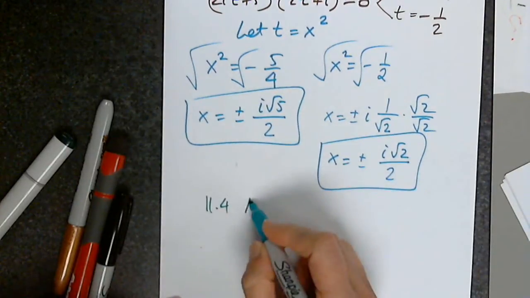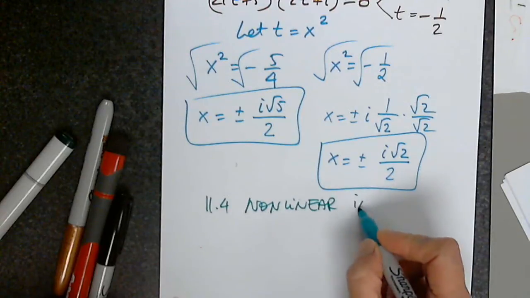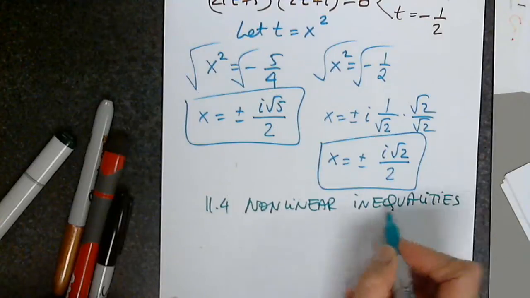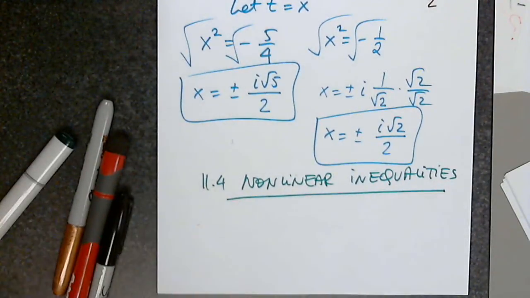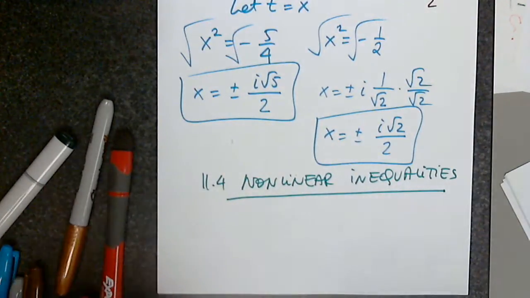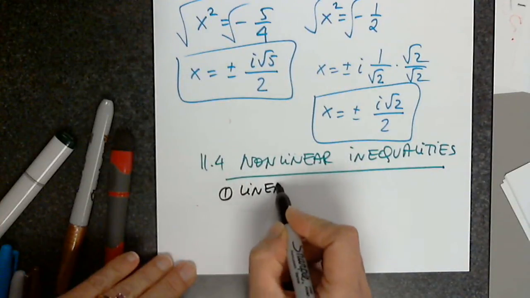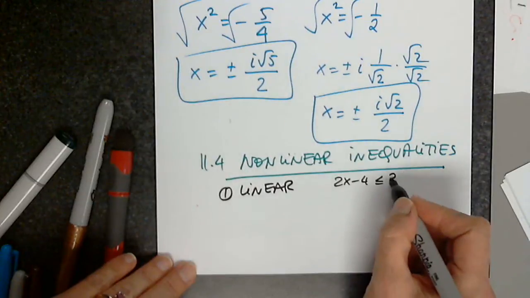11.4 deals with non-linear inequalities. I would like to list the types of inequalities we know so far. Number one, we know linear, something like, let's say, 2x minus 4 less than or equal to 3.